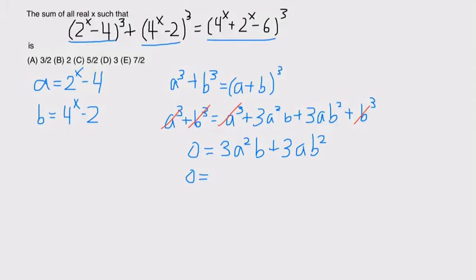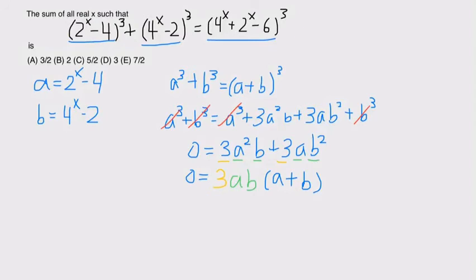You can factor out a 3 here, and there's a and b here, and there's 1a and 1b here as well. So you can factor that out, and in the end, what's left is a + b.